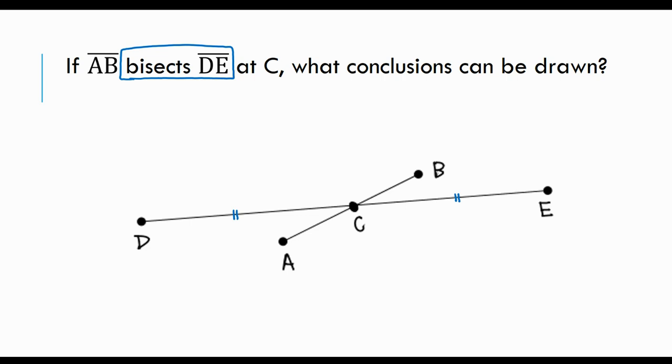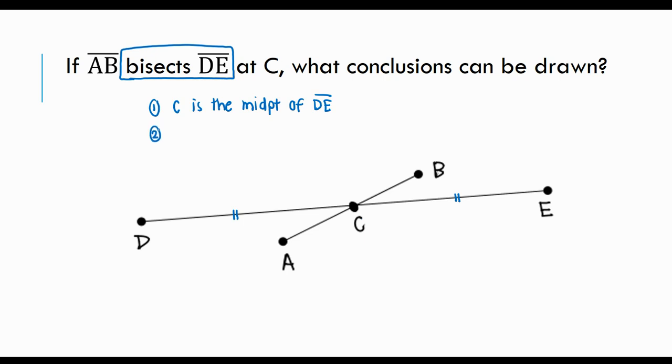So what conclusions can be drawn? Not only is AB bisecting, but since it connects at point C, one conclusion is that C is the midpoint of the segment DE, because point C in the middle is what creates those two smaller congruent segments.